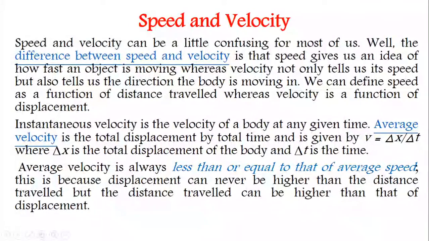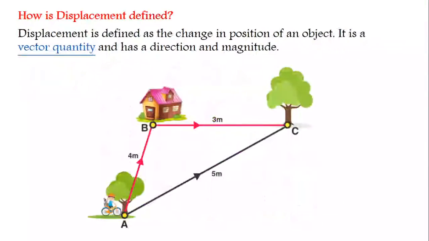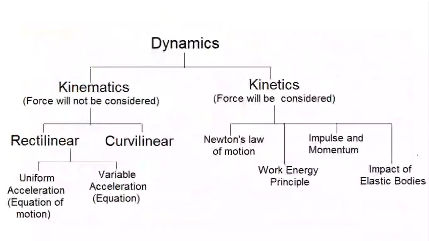Before we go to speed and velocity, show the first slide. Dynamics is when the object is moving with motion. We will see kinetics and kinematics. Kinematics is classified into two categories: rectilinear and curvilinear.